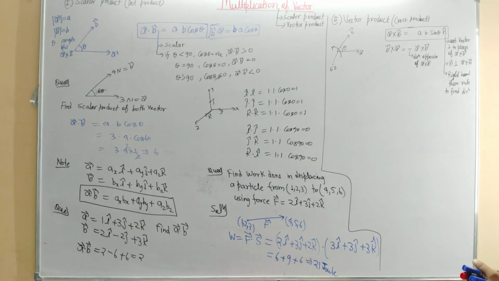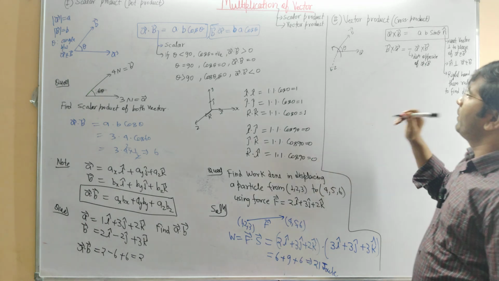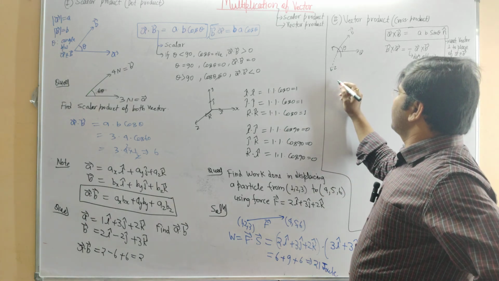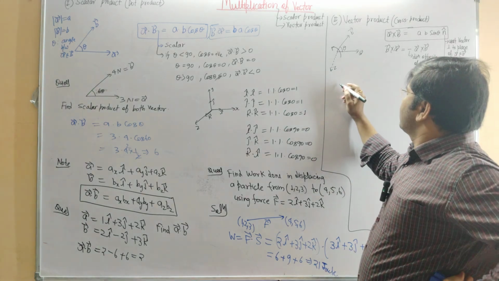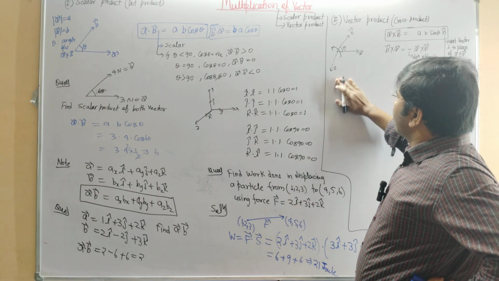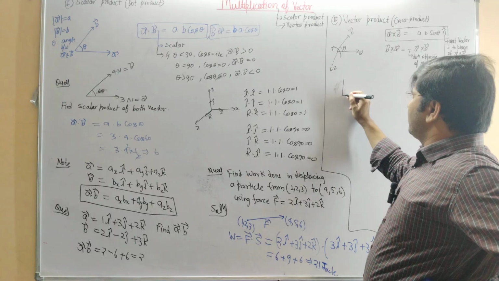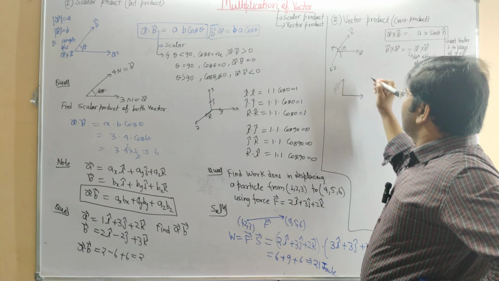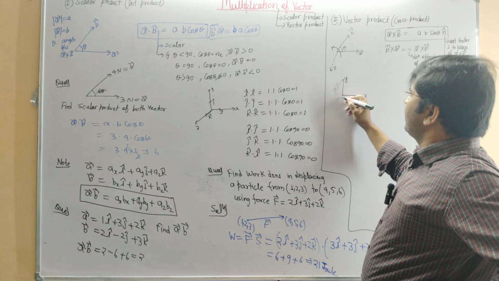If two vectors are given like this, let me calculate first for Cartesian. This is Cartesian x, y, z.